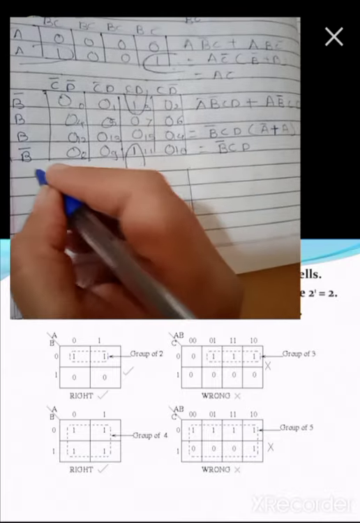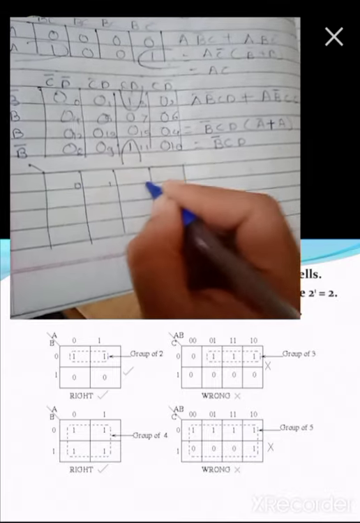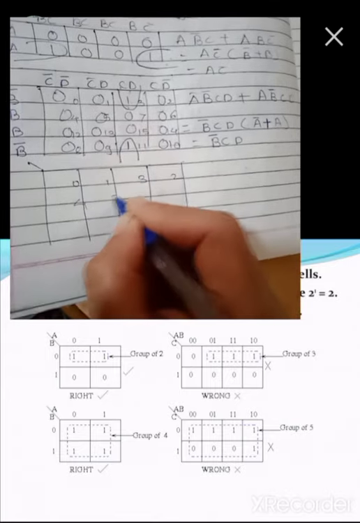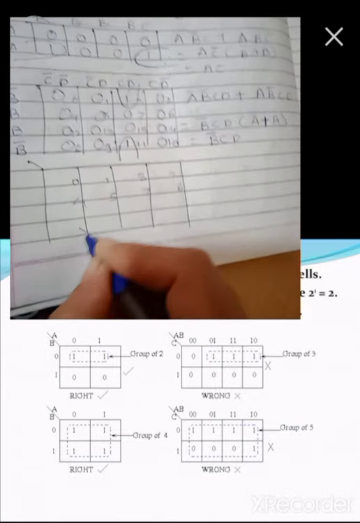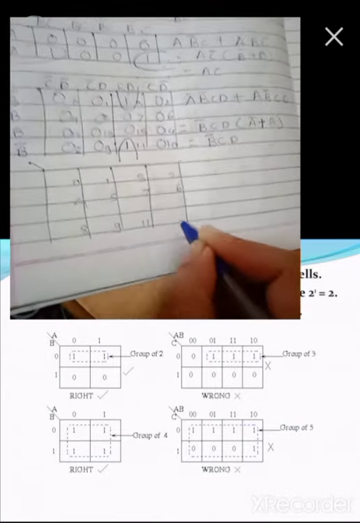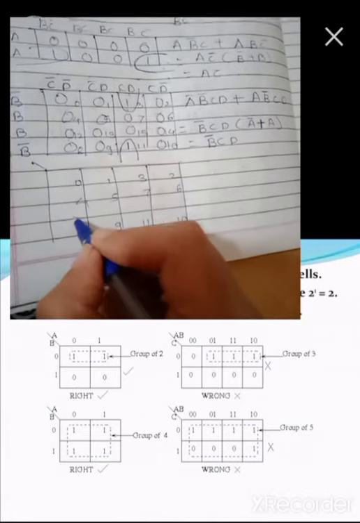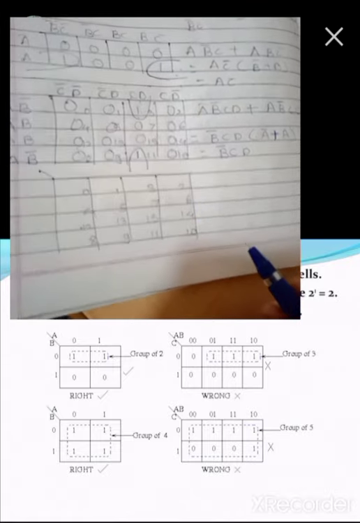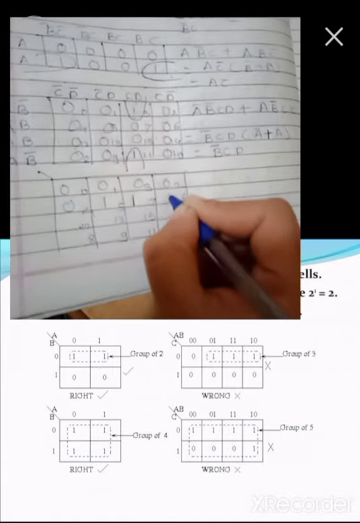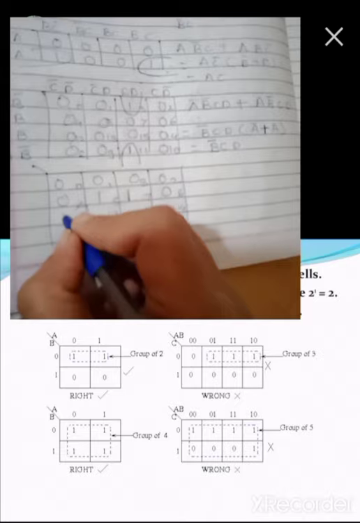Now again a 4 variable K-map is given. The plotting will remain the same as the one I drew for the previous example. The plotting is like this now. So think about only grouping of ones.